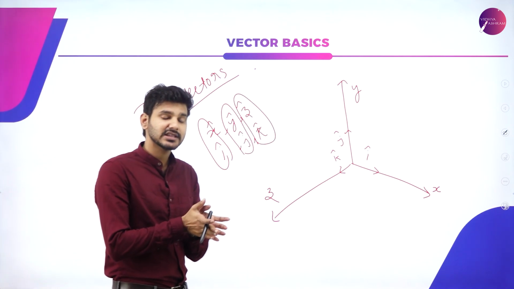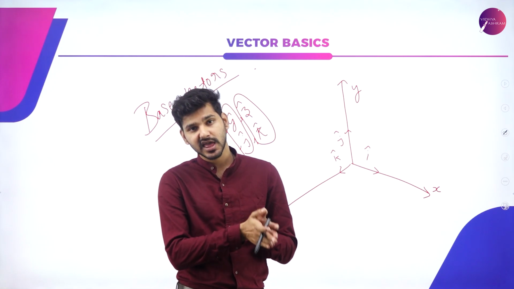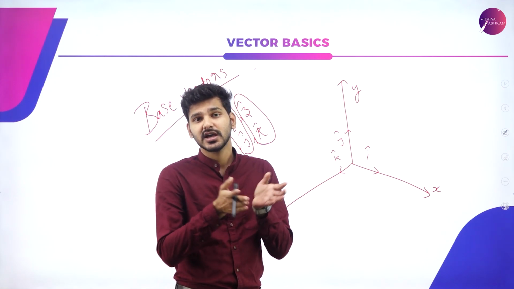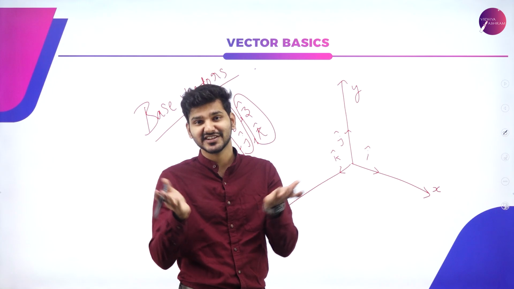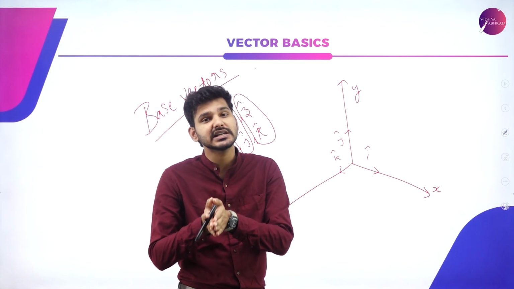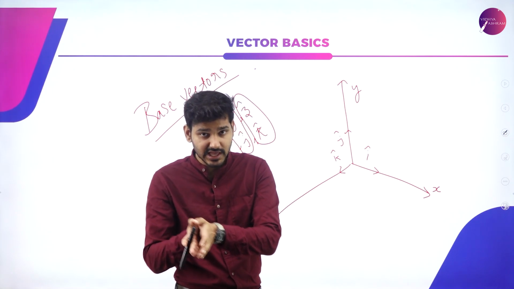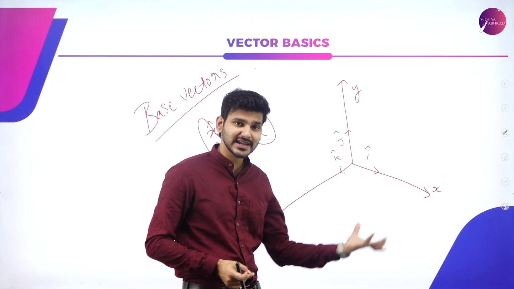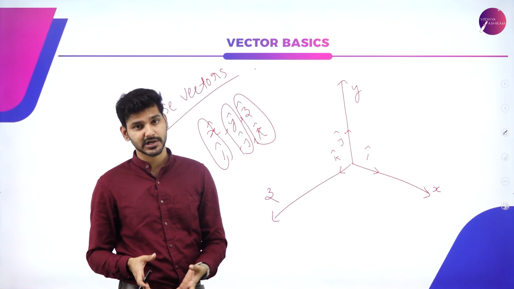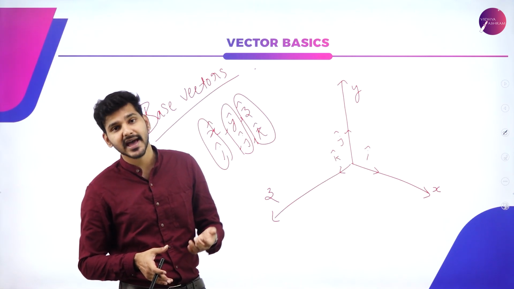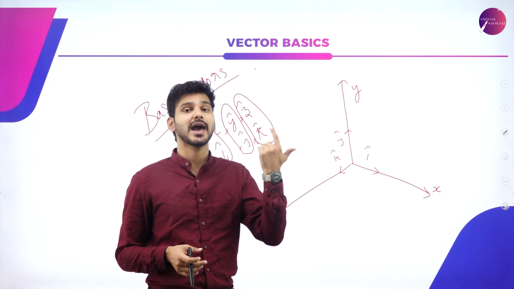Like there is meter for length, kilogram for mass, and candela for luminous intensity, like there are base quantities for every physical quantity, these x, y, and z axes also have a base quantity. Here it is represented as I cap, j cap, and k cap.